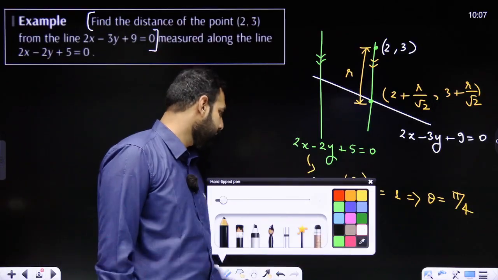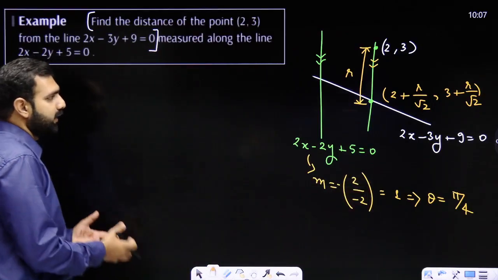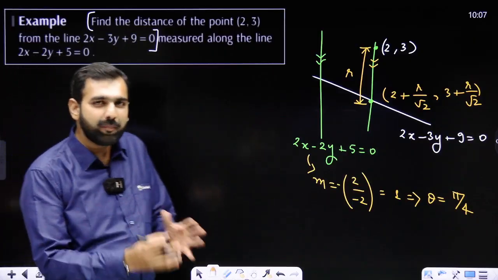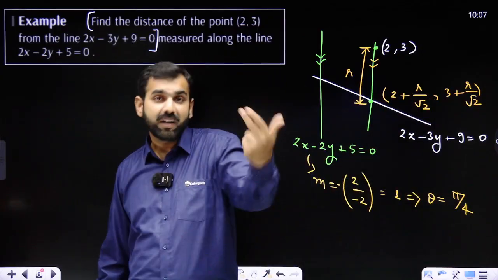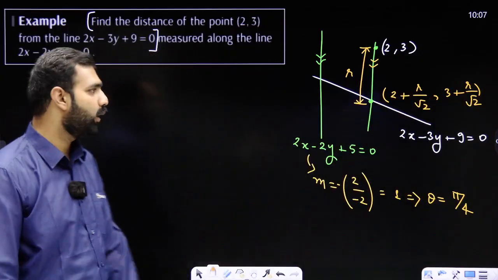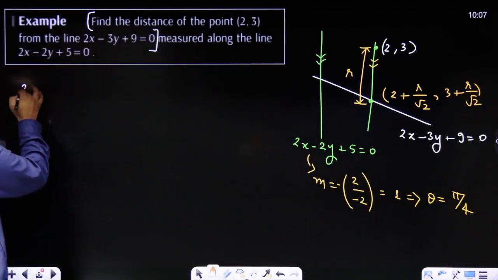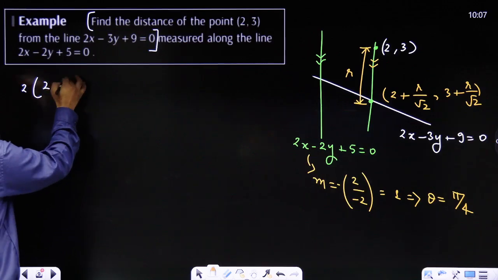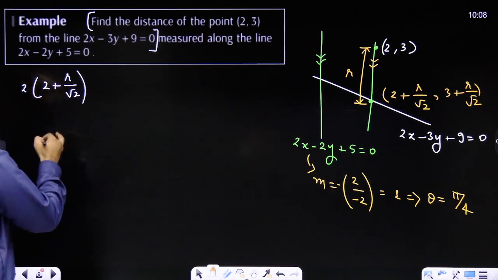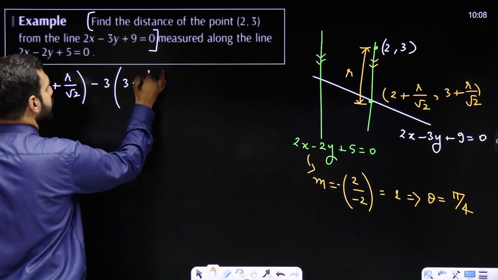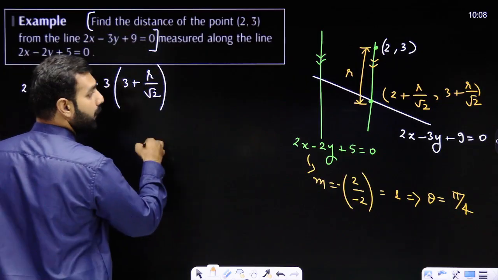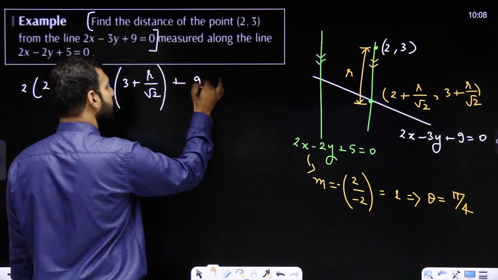Now, the next part will make me understand that the same logic needs to be applied time and again: if this point lies on this line, it must satisfy the equation of the line. That's what I'll do. So, 2x means 2 times (2 plus r by root 2), minus 3y, that is 3 times (3 plus r by root 2), plus 9 is equal to 0.